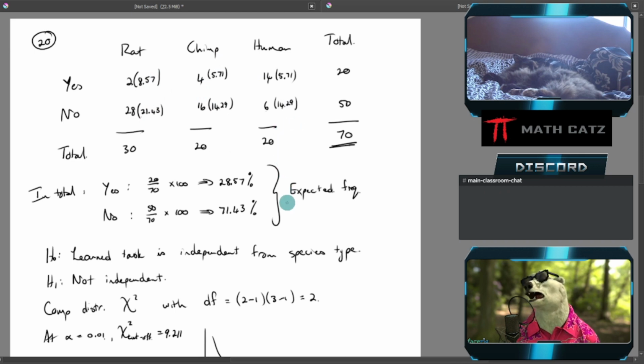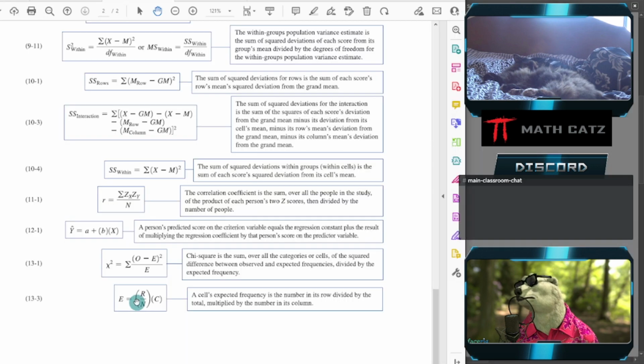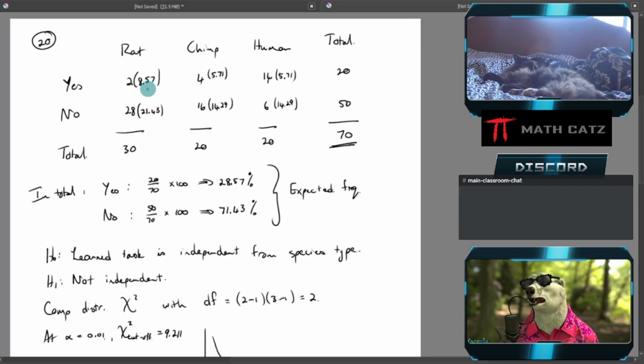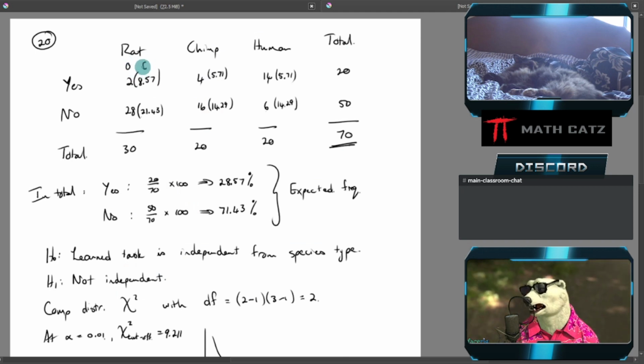So now our chi-squared statistic again comes from this formula, 13.1. I just have 6 of them. So I'm going to take the observed, this is the observed, this is the expected. I'm going to take the difference, square it, and divide by the expected.